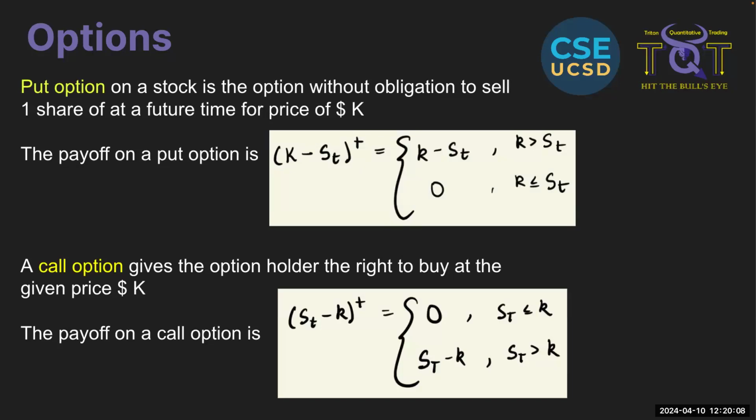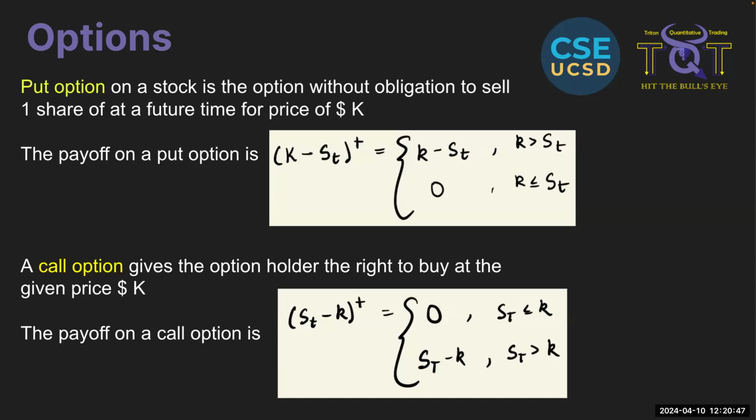Okay, so a put option and a call option are the two kinds of option. A put option gives the holder the right to sell one share at a future time at the price K. So K is your strike price. At the future time, your payoff from the option would be K minus ST, the strike price minus the stock price, if the strike price is greater than the stock price, and zero if your strike price is less than the stock price.